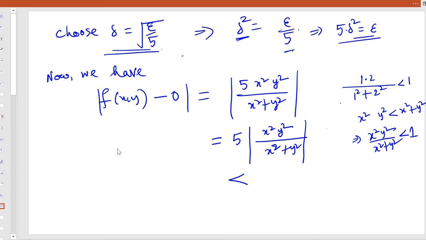So let us take x square, or let us take 5 x square outside. You can take x also outside. Okay.